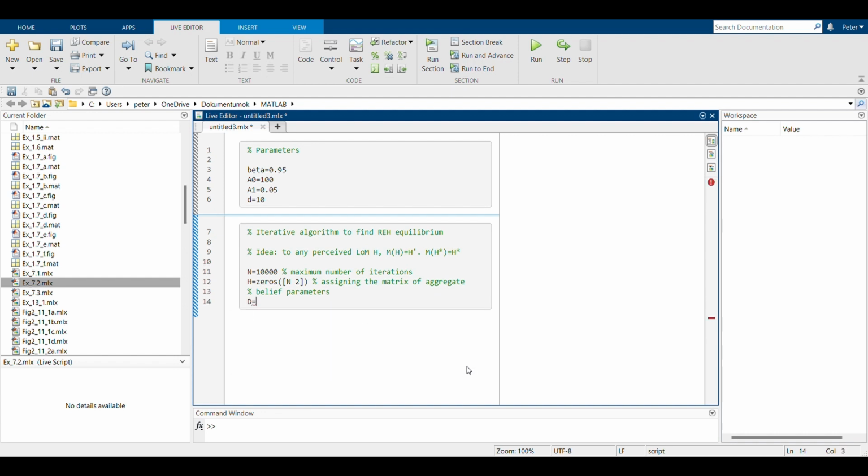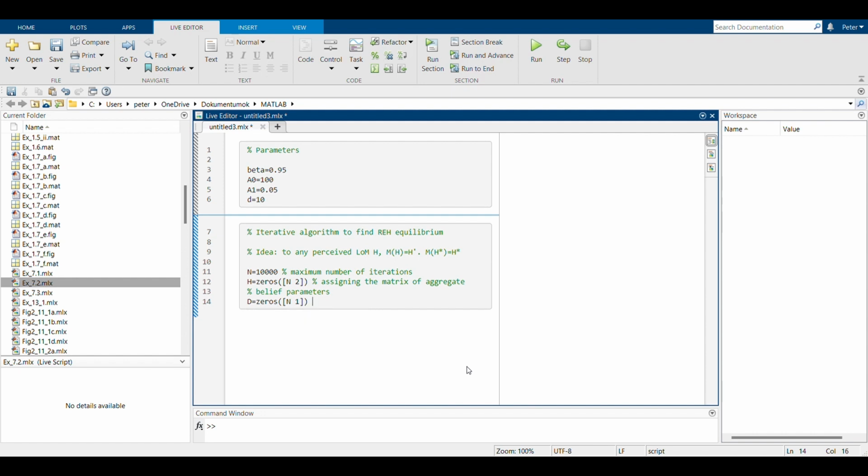We need to pay attention to a stopping criterion. As I have just mentioned, we are going to compare the rows of this matrix, the consecutive rows of this matrix, the laws of motion. So we need a vector to collect the differences.